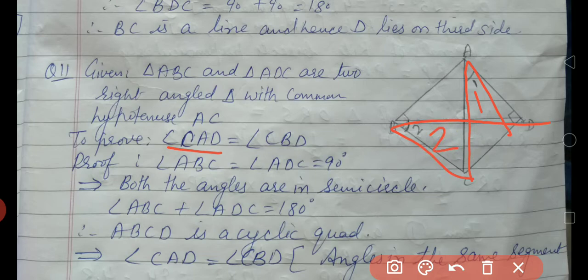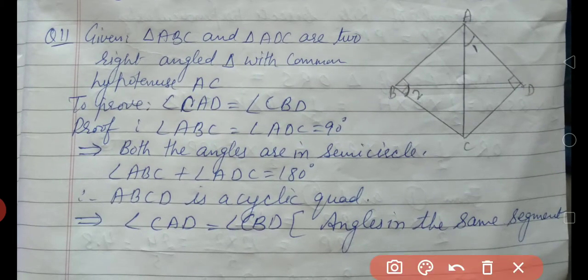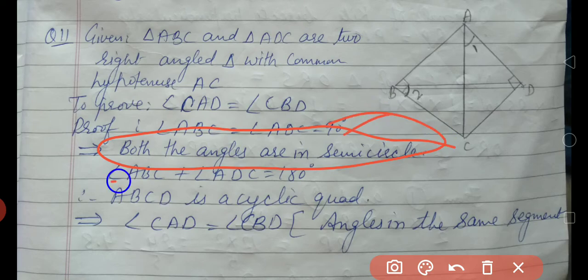So let us start. We know that angles ABC and ADC are both 90 degrees, as given in the question. Both are angles in semicircles, so you can take them as 90 degrees, and if you add them you will get 180 degrees, means if you add 1 plus 2, this is 180 degrees.